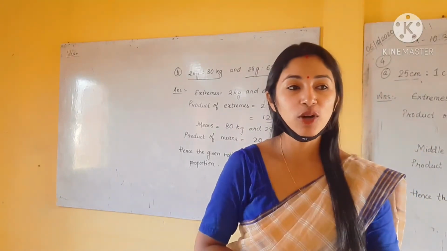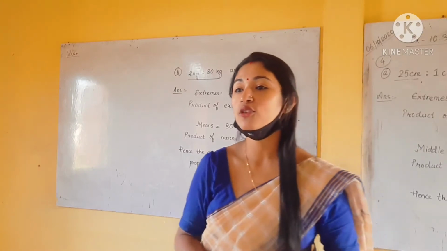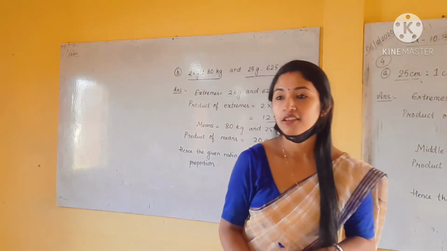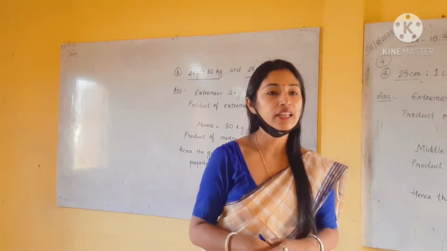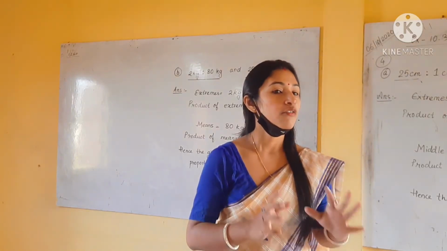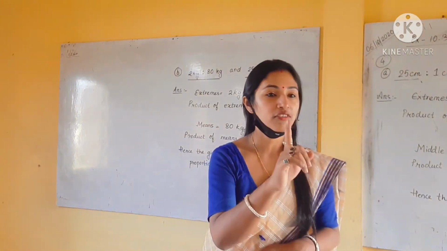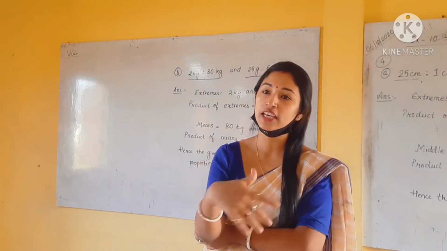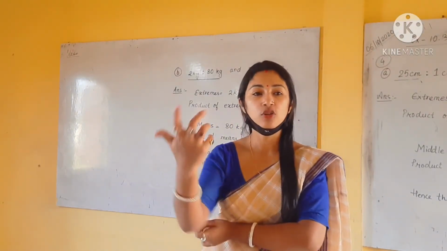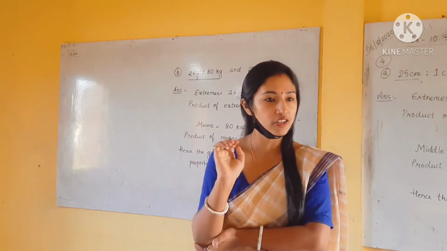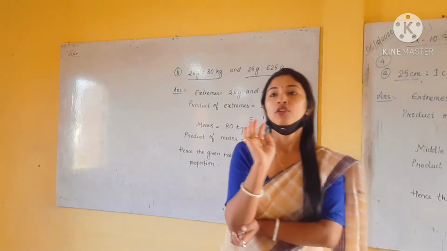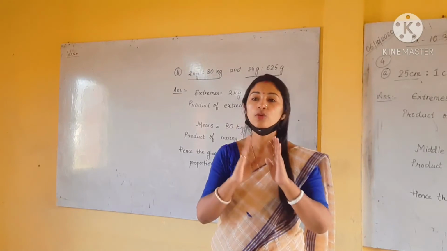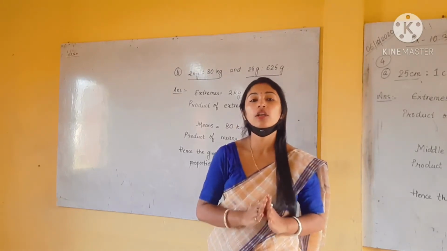Before finding the cost of 20 chocolates, we must know the cost of 1 chocolate. If we know that, we can easily find the cost of 20, 30 or 40 chocolates. Here we can use a method called the unitary method.